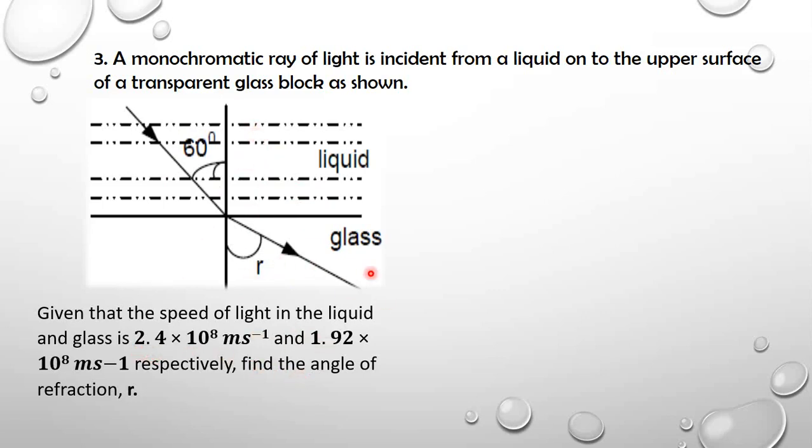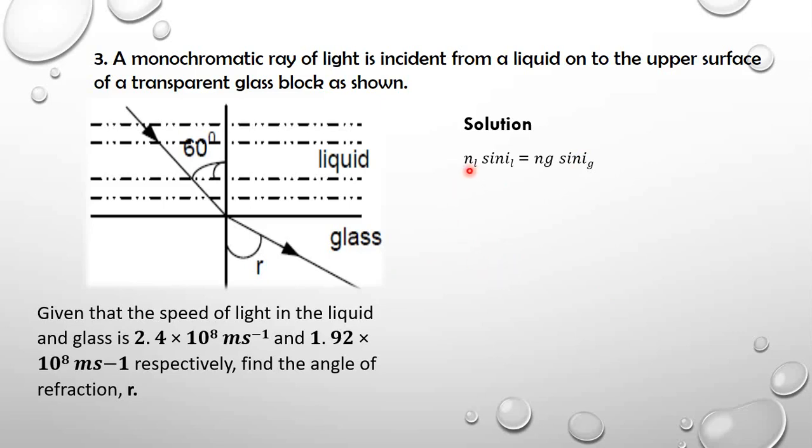So what you're going to do is you're going to use Snell's law, and we know that this is n liquid sine I liquid is equal to n glass sine I glass. Then we shall replace. This time round, we know that the refractive index in any given medium is defined as the speed of light in a vacuum over the speed of light in that medium.